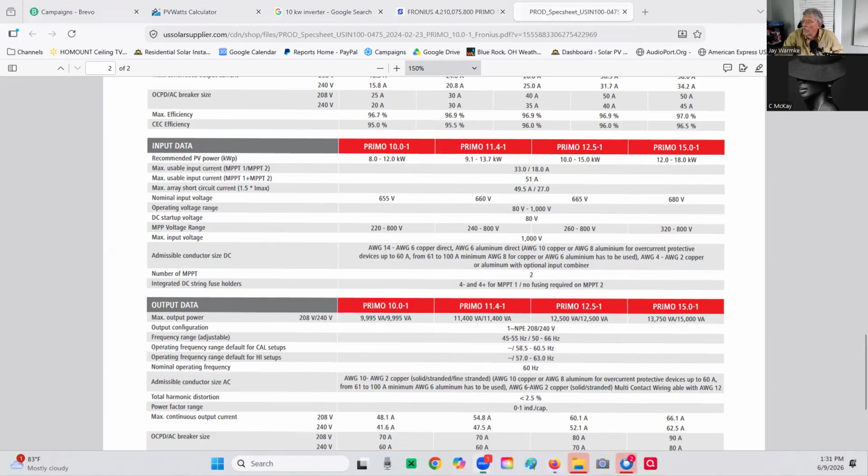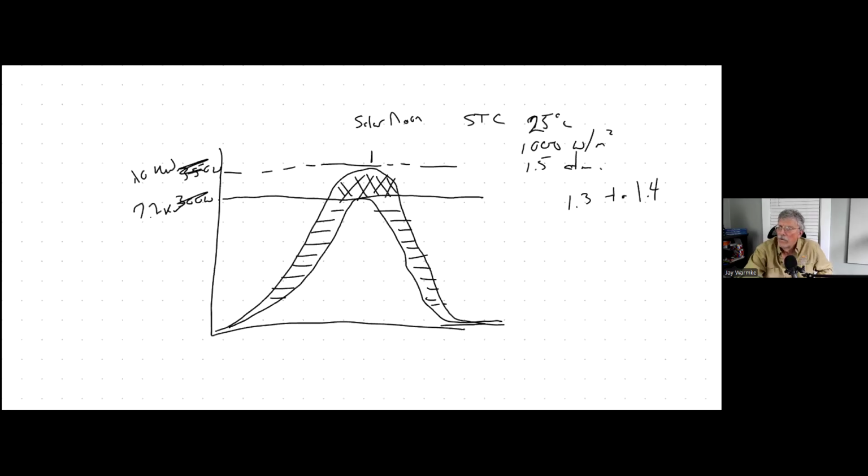So I've looked through that spec sheet. Now I'm going to go back to my whiteboard. Okay, so now I need to know how many panels in a string. So if we're putting in a string system, what is the maximum and what is the minimum?